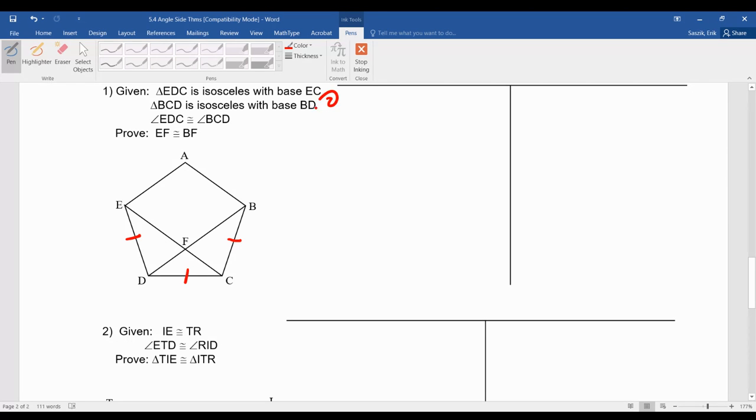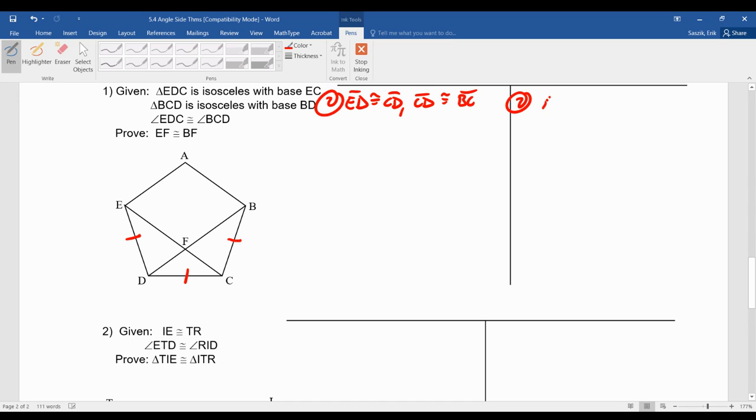Oh, okay, we got to be careful with this. So first, let's go ahead and say that ED is congruent to CD. And then we're also going to say that CD is congruent to BC.